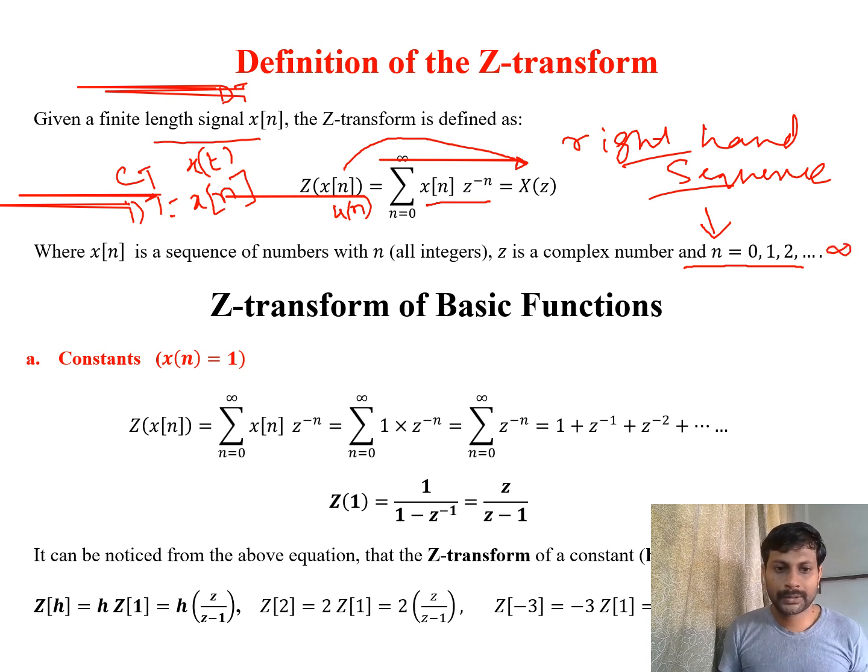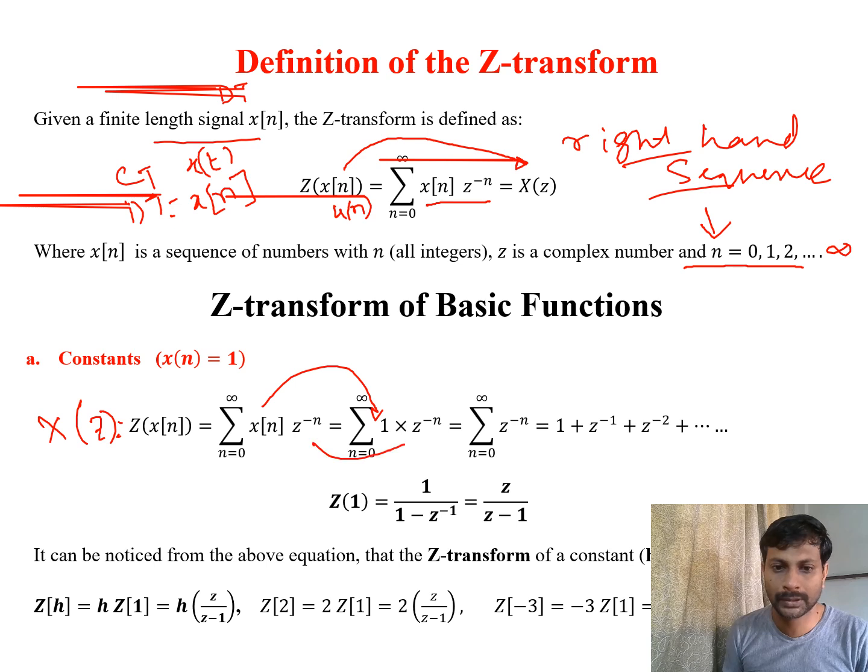Now let us consider the Z transform for some basic functions. Let us start with x(n) equal to 1. Let us write it in terms of X(z): write the formula and replace x(n) by 1, and obviously z to the power minus n. So we have only one term, so let us expand z to the power minus n; that is a geometric series.